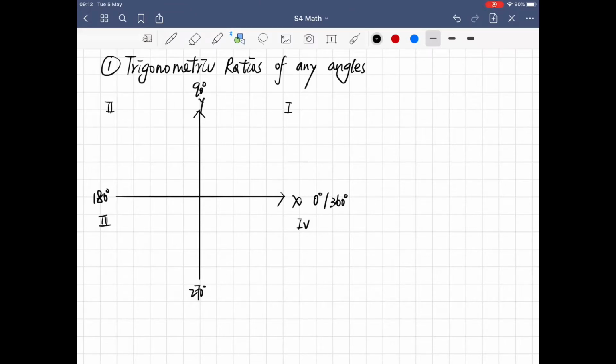Then we want to construct some triangles in these 4 quadrants. Okay, so there is a pattern. Please remember that butterfly. Okay, so they will look like this.